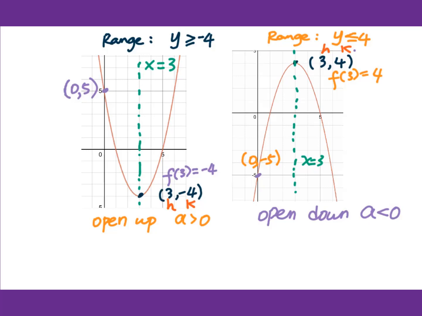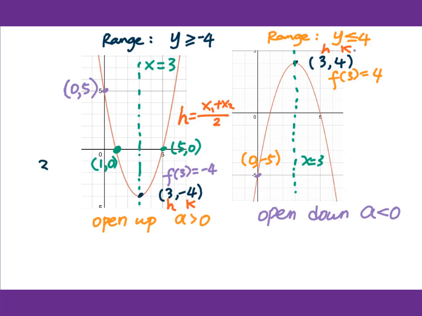Then for the x-axis, you have (1, 0) and (5, 0). You can check this h equals (x1 plus x2) over 2.